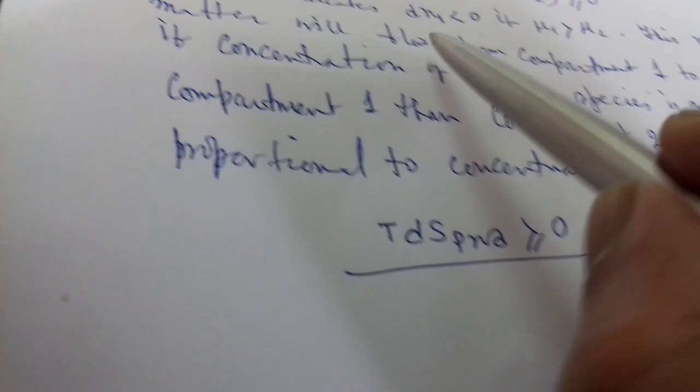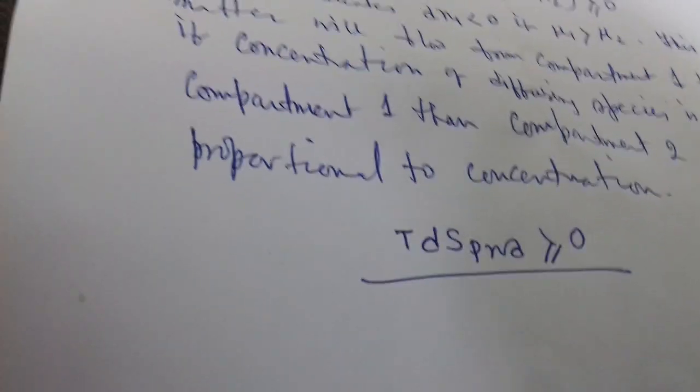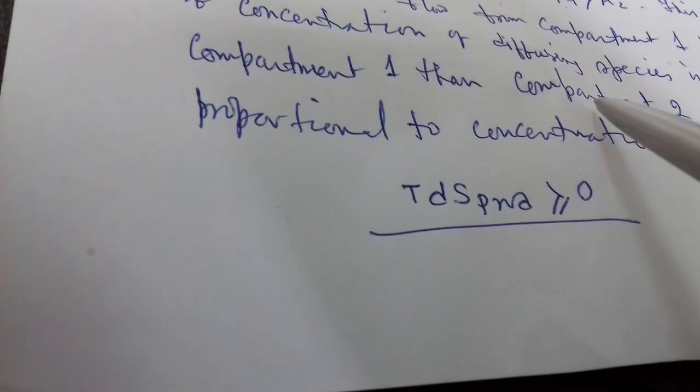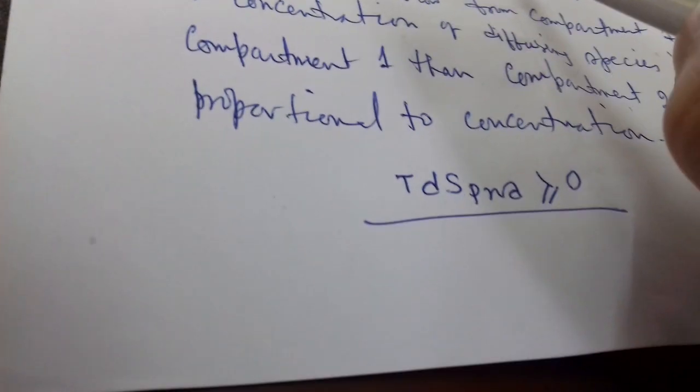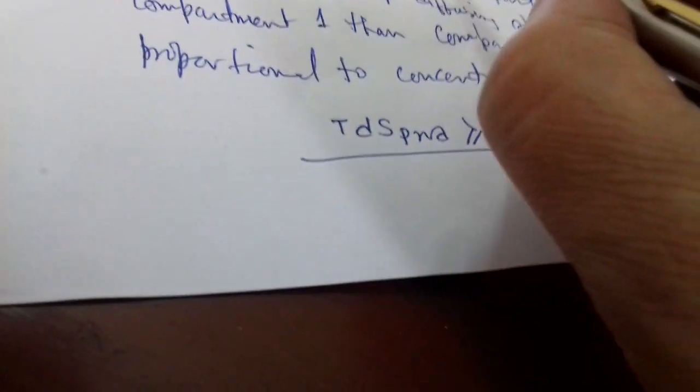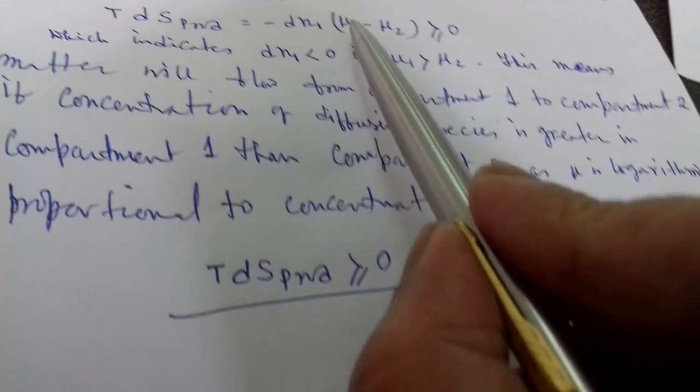This means that matter will flow from compartment 1 to compartment 2 if the concentration of the diffusing species is greater in compartment 1 than in compartment 2. Because mu is logarithmically proportional to the concentration, as the concentration increases, the chemical potential increases.